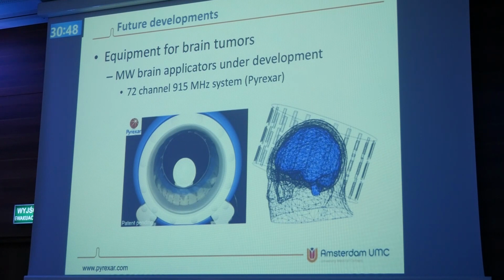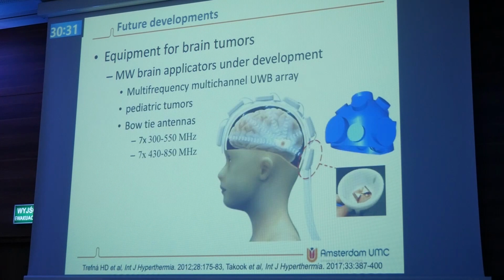So for brain tumors, there are some applicators currently under development, usually with slightly higher frequencies and more antennas. So for the head, you can go to higher frequencies and still reach a good penetration depth.